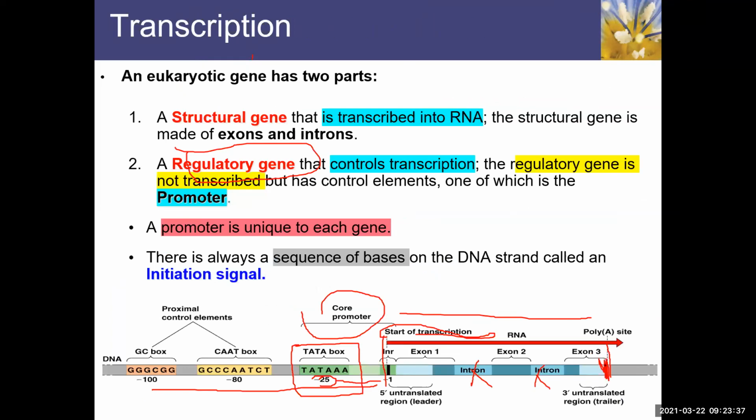We have a start signal and we have a stop signal here. Once this sequence is encountered by the RNA polymerase, that gives it the signal that you need to stop here, we are done. We don't need to make more mRNA or RNA. So termination of the RNA chain will occur only when the RNA polymerase binds to this sequence.